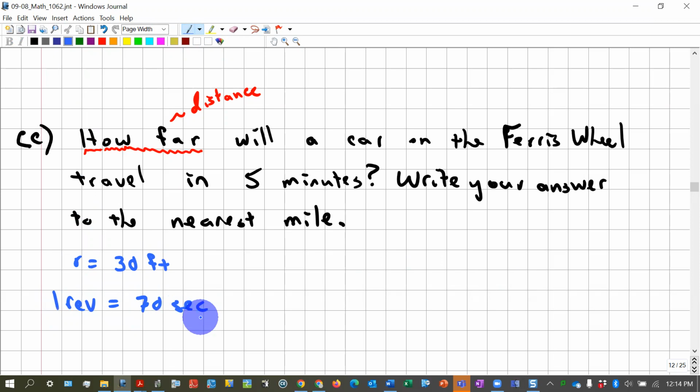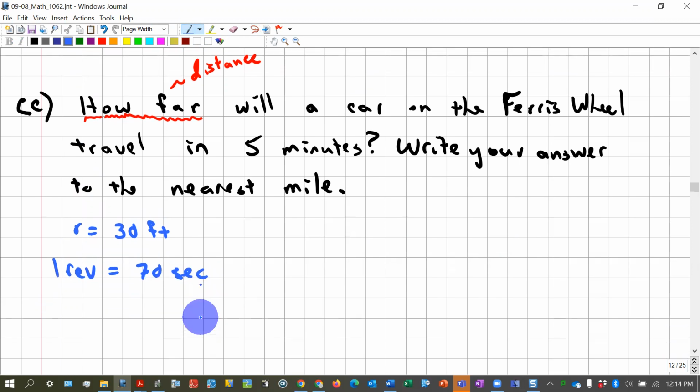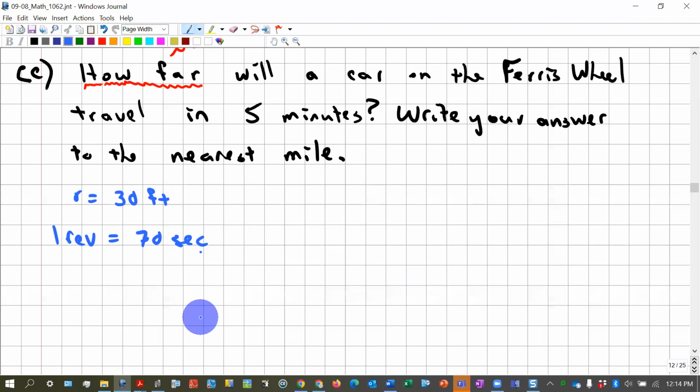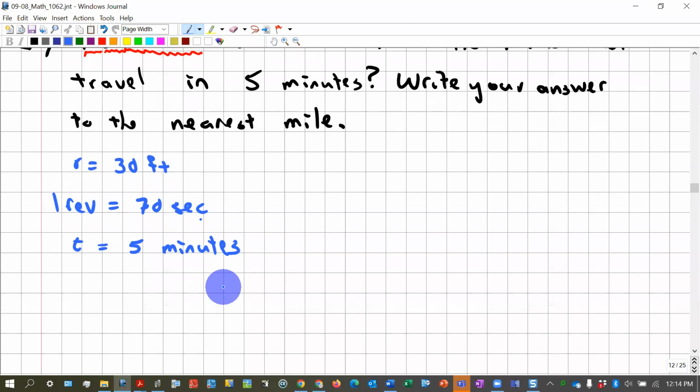Those 2 facts are only for this problem. And we know that the total time traveled is 5 minutes, and that's also only for this problem. The question is, what happens in 5 minutes?